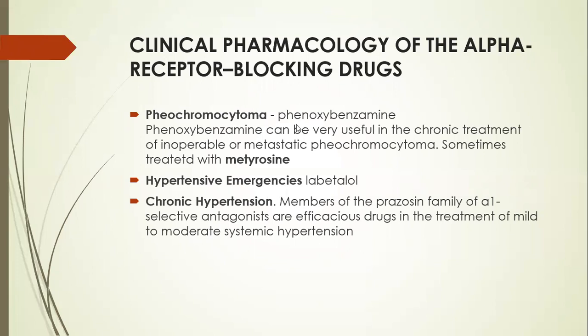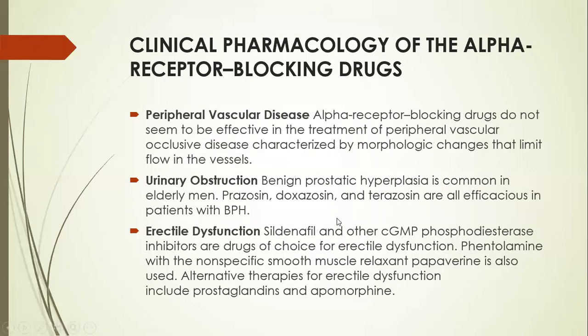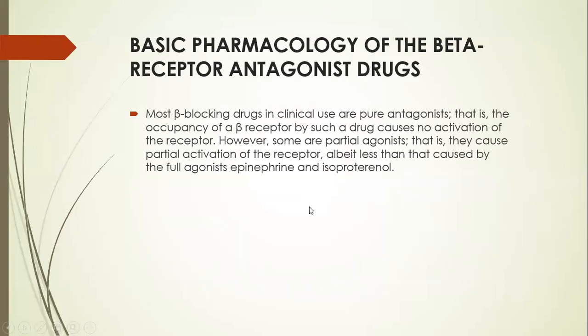For chronic hypertension, members of the prazosin family are used. About these parts, you need to study by yourself.